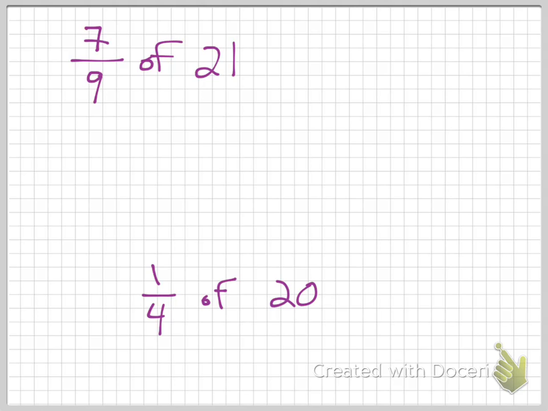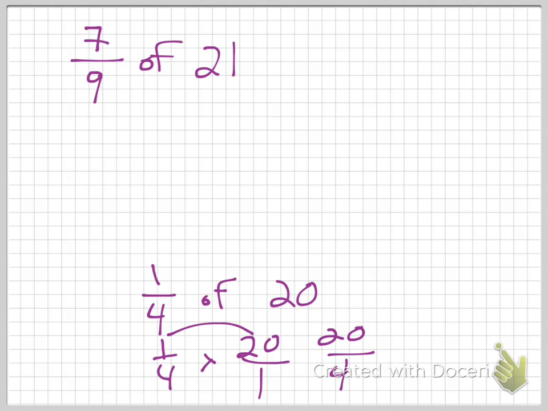Multiply. Of means multiply. 1/4 times 20. Do I write 20 like that when I'm going to do the problem? No, over 1. It's so simple. You take a whole number, you put it over 1, and then you can start. Would it be wrong of you to go 1 times 20 is 20, 4 times 1 is 4, and then decide to reduce later? No.